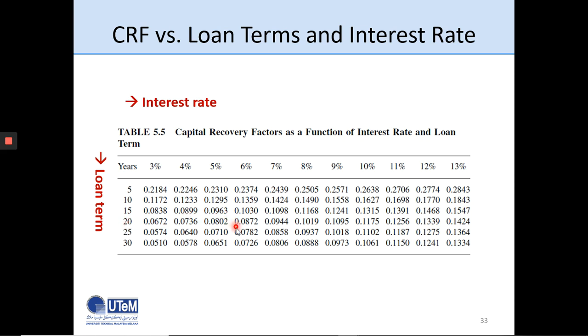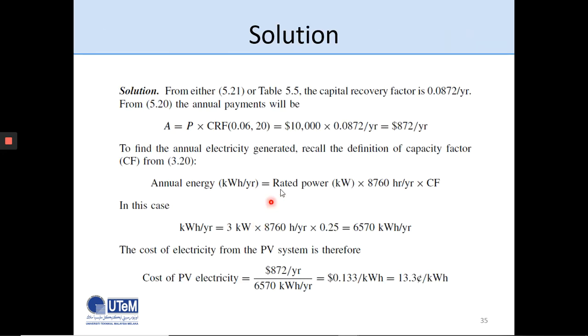So we put this value in the equation, 0.0872 times 10,000. So each year we need to pay $872 for 20 years.